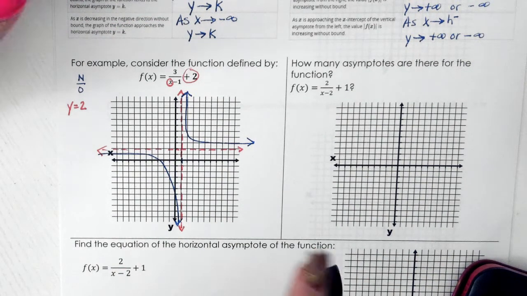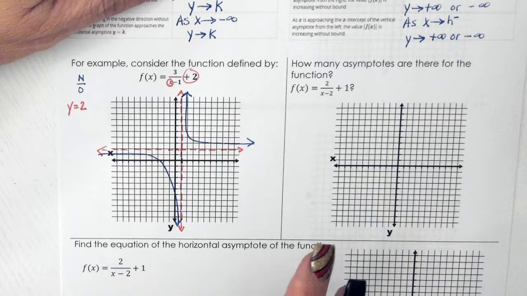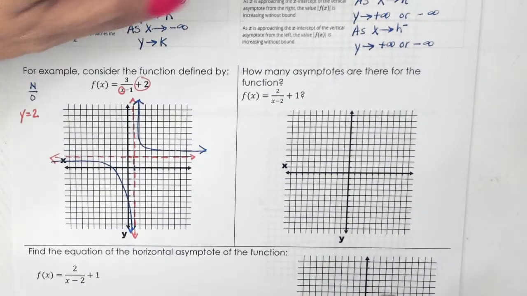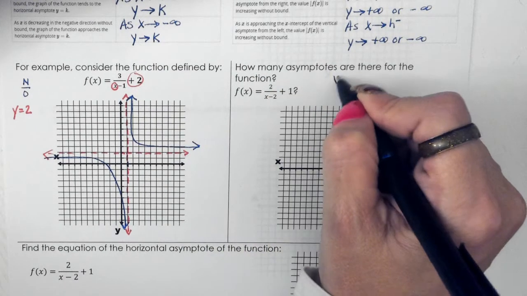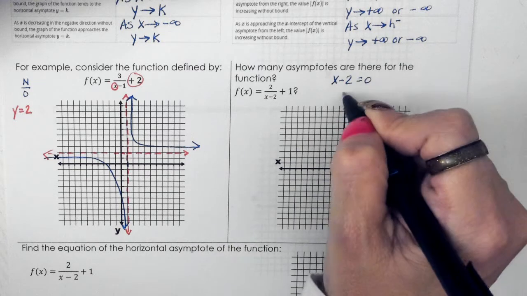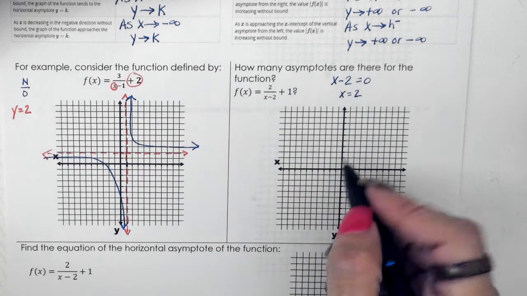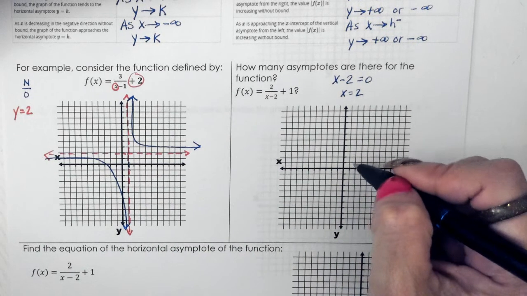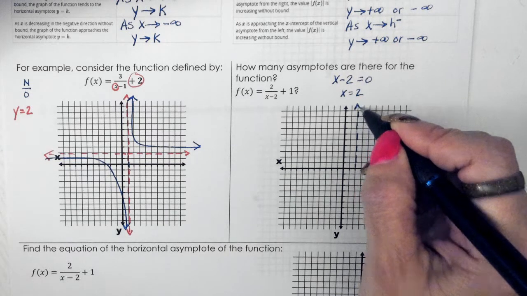For example, consider the function defined here. We graphed it. Let's see if we can do it again. How many asymptotes are there on this function? Well, I can already see that if I take x minus 2 and set it equal to 0, I'm going to get x equals 2. I don't even have to graph this. I know that at x equals 2, there is going to be an asymptote.